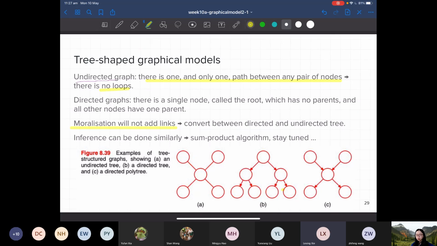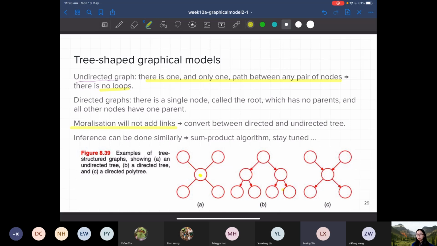So inference on trees can be done similarly. This claim comes from the fact that if we would like to compute the marginals of any node, we can treat it as a root, and then perform the sums that we just performed, upwards from the leaf nodes.